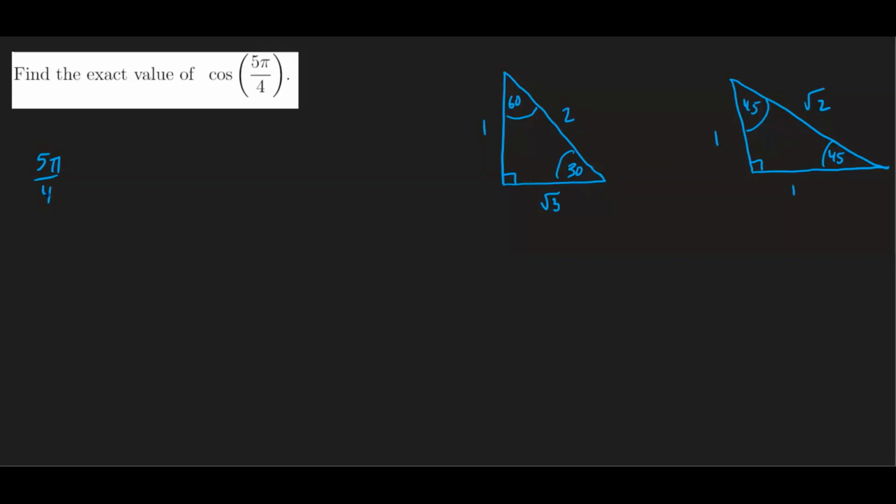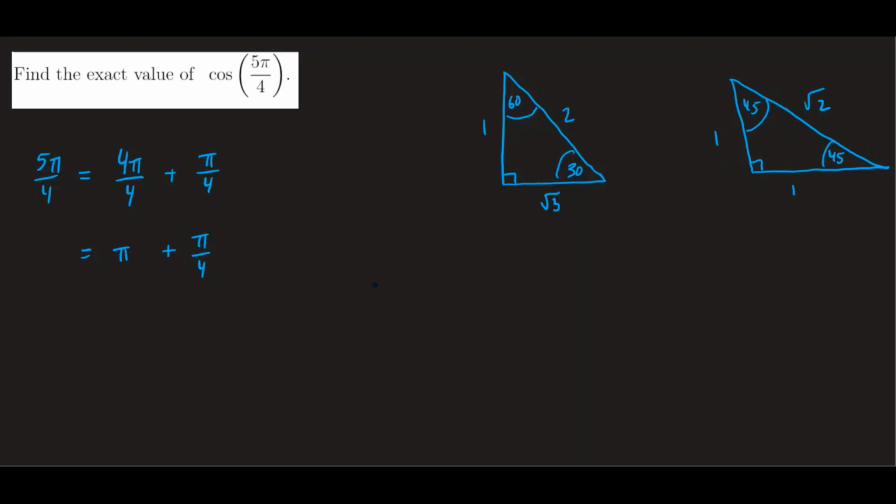I like to keep radians in radians, so I'm just going to rewrite it. 4 divides 5 one time, so we have 4 pi over 4, which is 1 pi, plus a remainder of 1 pi over 4. I just split the numerator and rewrote it. So now we have pi plus pi over 4. That is 5 pi over 4.